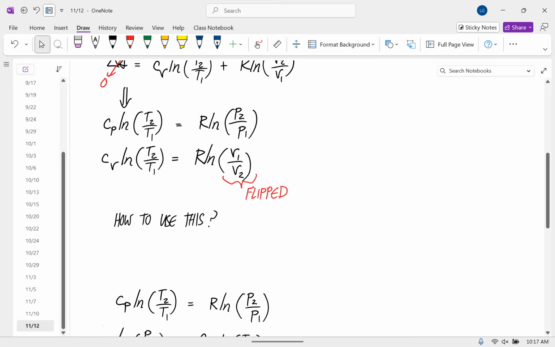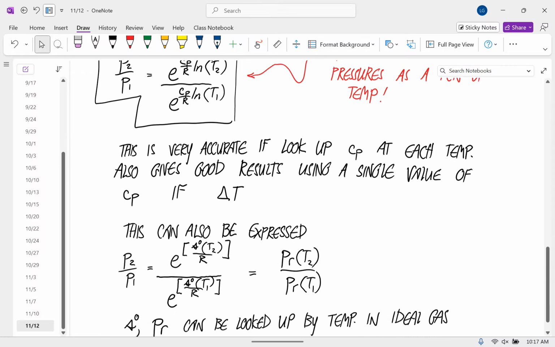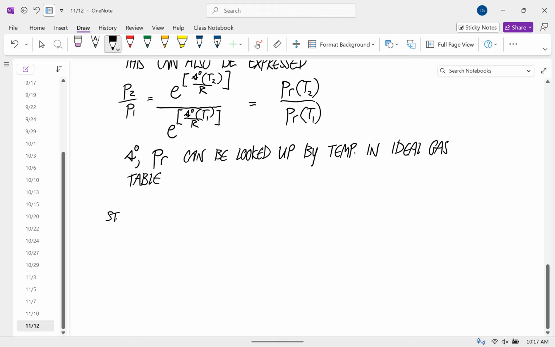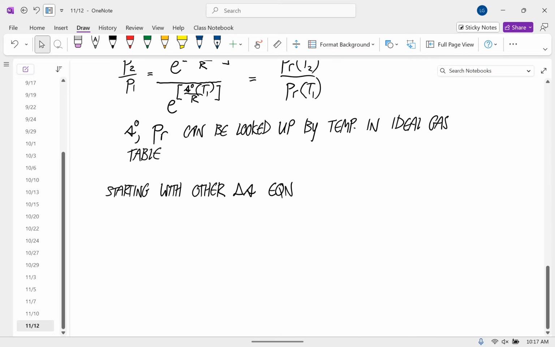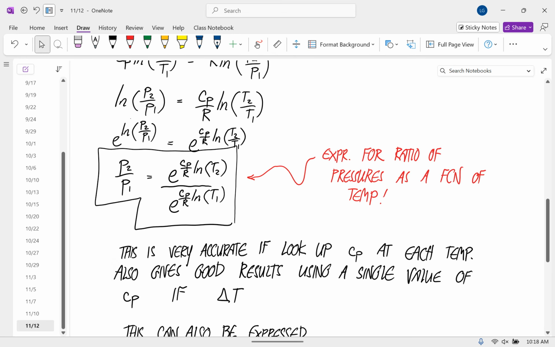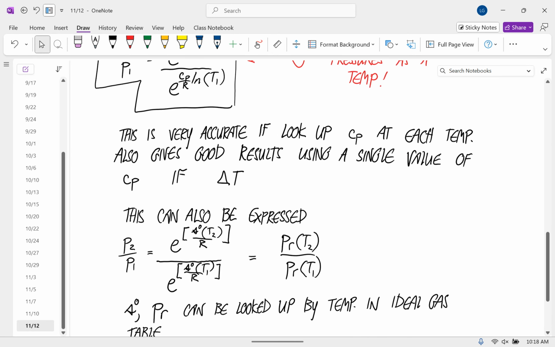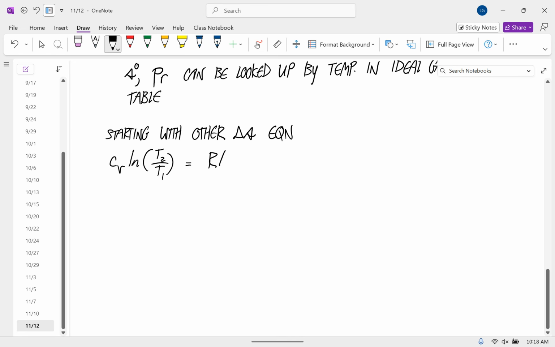You could also go starting with the other one. So starting with the other delta S equation, we have Cv times the natural log of T2 over T1 is equal to R times the natural log of V1 over V2.